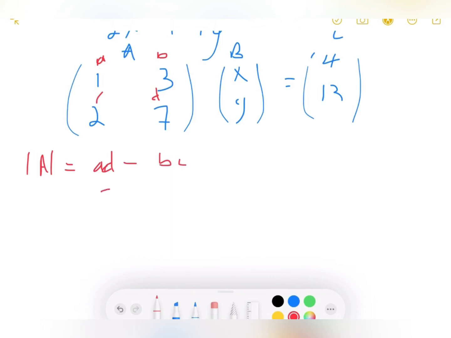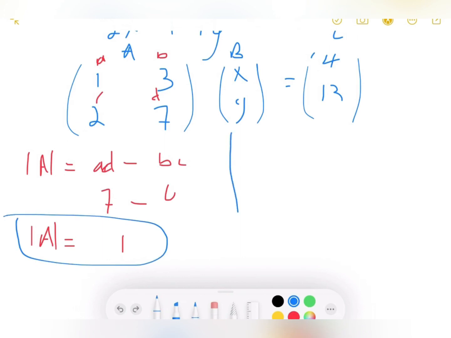AD would just be 7 in this case, and our BC would be 3 times 2, which is 6. So our determinant would be 1. Keep this in mind. Determinant of A is equal to 1.